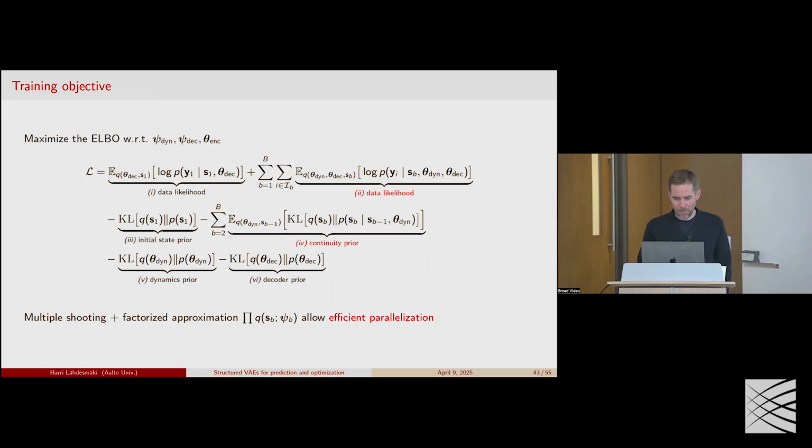And together with the multiple shooting and the factorized approximation for the shooting variables, we can solve all these terms in parallel, which increases the efficiency quite a lot. If you have a long trajectory, you just chunk it into small parts, and then the optimization of the entire trajectory can be run in parallel.